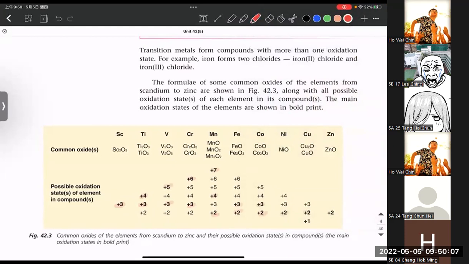Can you see that? We also have the range of oxidation states they should have. Most of the time, the oxidation state of them is +2, and sometimes +3. But you may also find that titanium, vanadium, chromium, and manganese are more commonly found in +4, +5, +6, and +7.